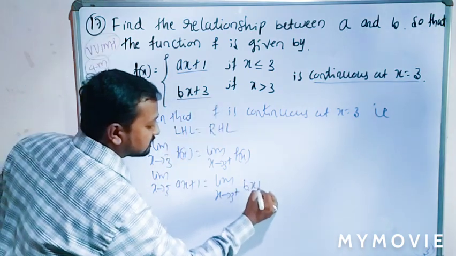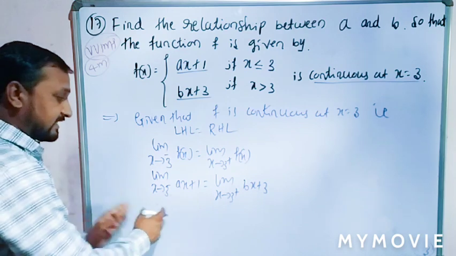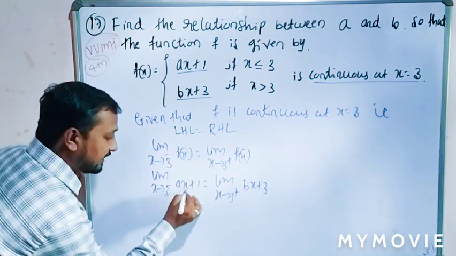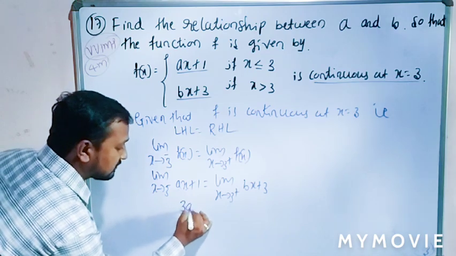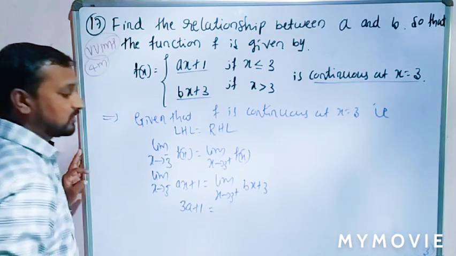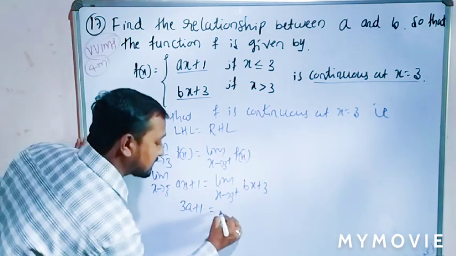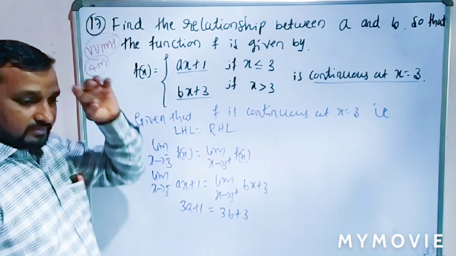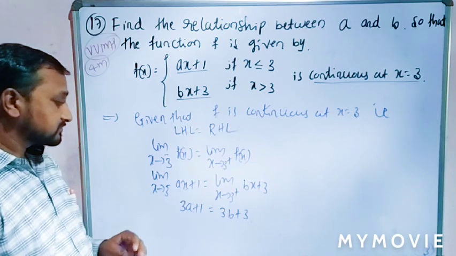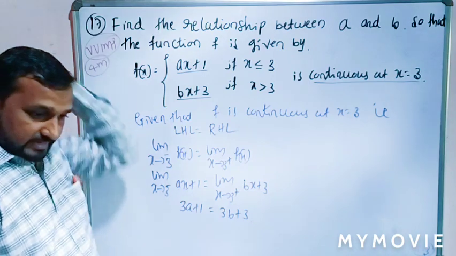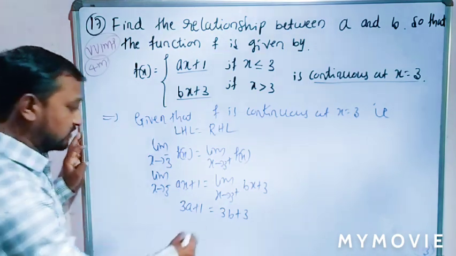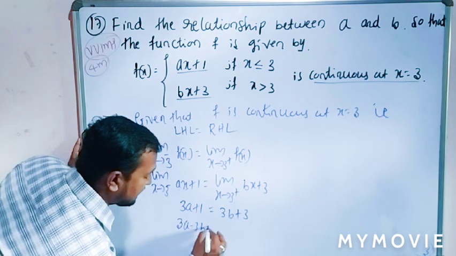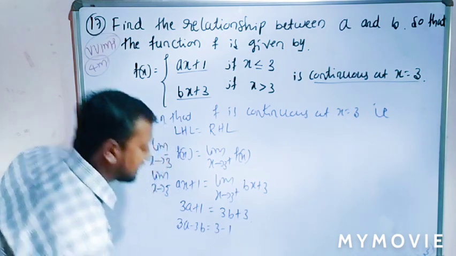Then apply the limits. x tends to 3 gives 3a plus 1 is equal to 3b plus 3.